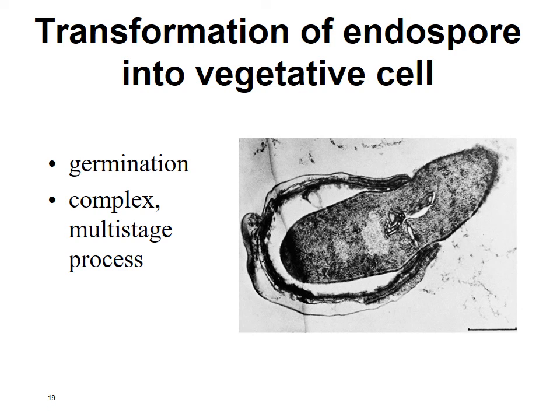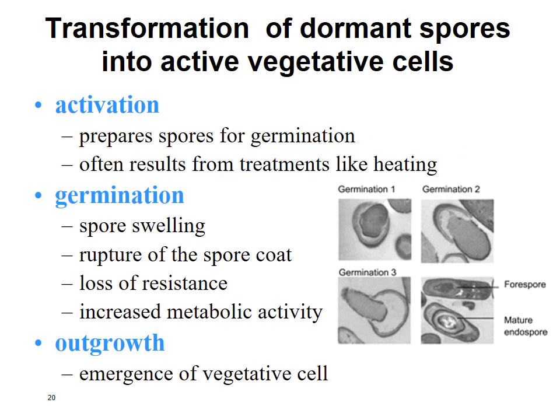This image shows Clostridium pectinivorum emerging from the spore during the germination process. So in the transformation of dormant endospores into active vegetative bacterial cells, the endospore starts with activation. This is a process that prepares spores for germination and usually results from treatments like heating.